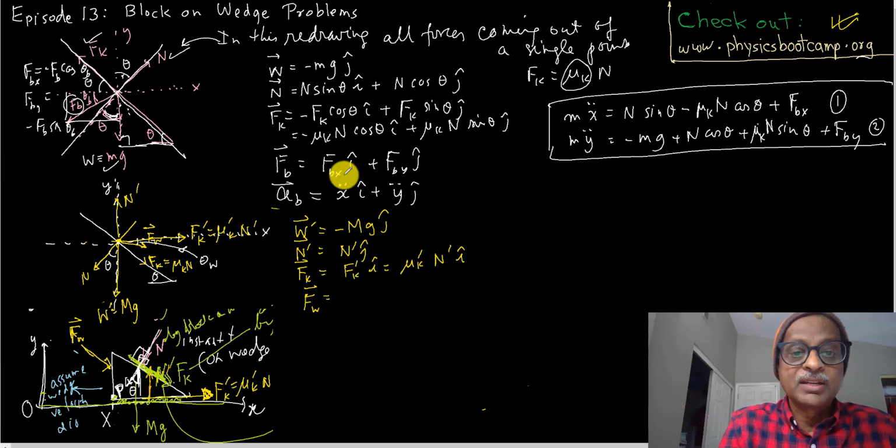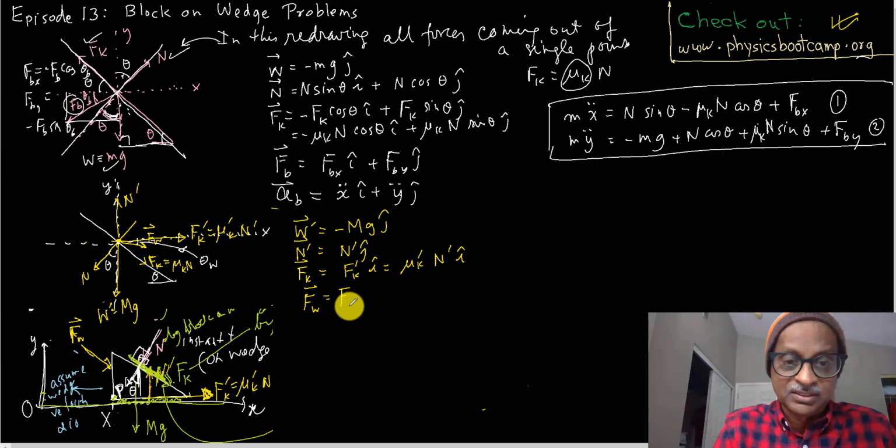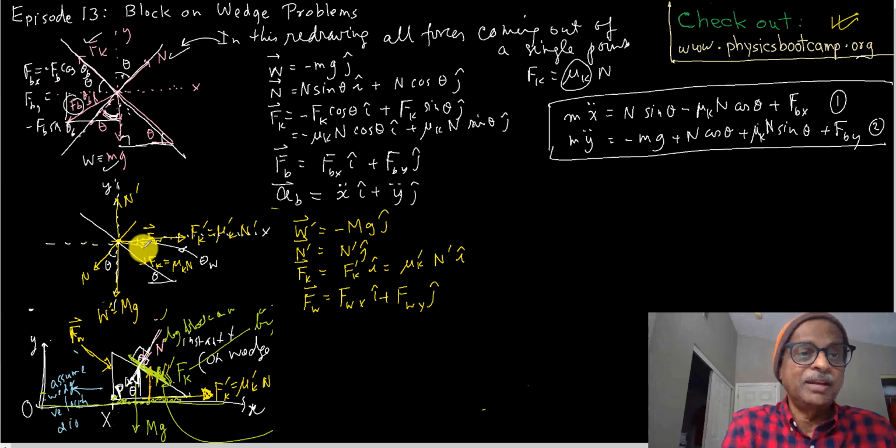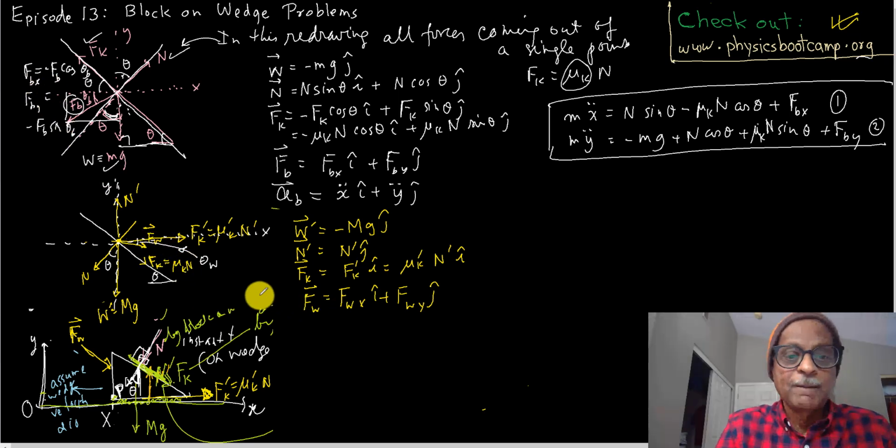We just write our additional force as FWx I hat plus FWy j hat. We could write that in terms of magnitude and direction.